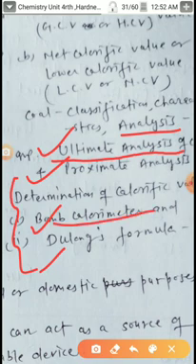And the second one is the method by Dulong's formula. By the use of Dulong's formula, a calorific value can be easily calculated. Remember these two important methods: first the bomb calorimetric method, and second Dulong's formula.